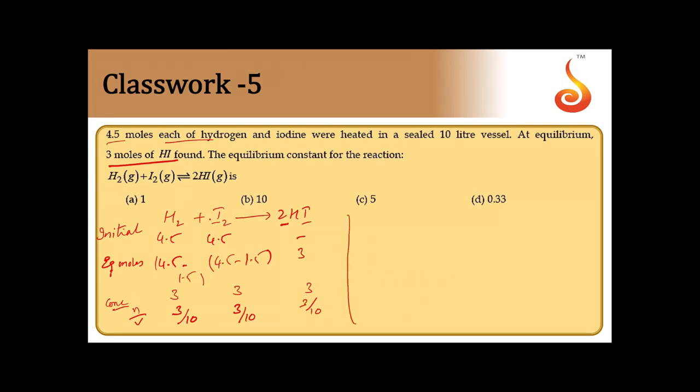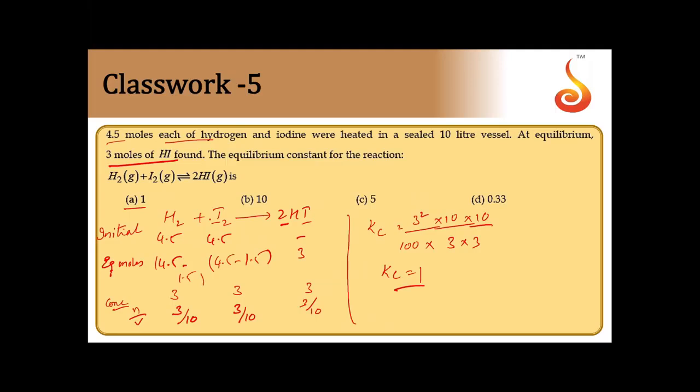Now substituting in the equation, Kc will be equal to HI square, HI is equal to 3 by 10, so 3 square by 10 square, which is 100, into concentration of H2 into concentration of I2. It's again the same thing, 3 by 10 into 3 by 10. So the answer comes to 1. So Kc became equal to 1. So the answer is option A. 1 is the answer.